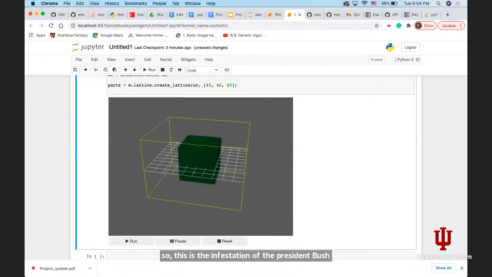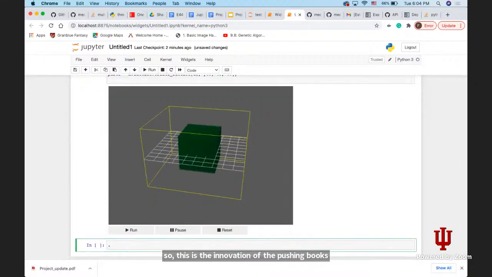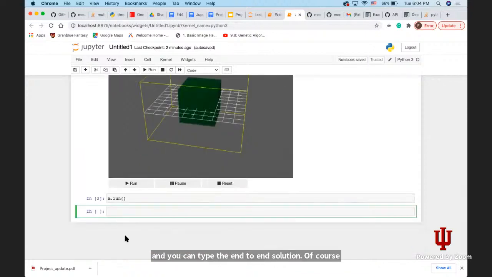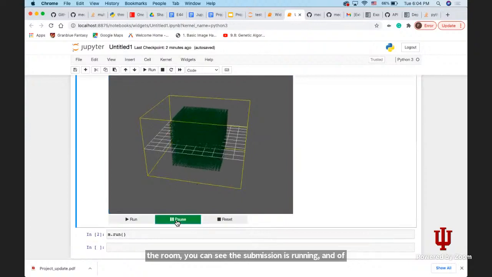You hit reset box, and you can type m.run to run the simulation, of course. If you hit m.run, you can see the simulation is running. And of course, you can hit pause to interactively pause the simulation and hit run again and pause.